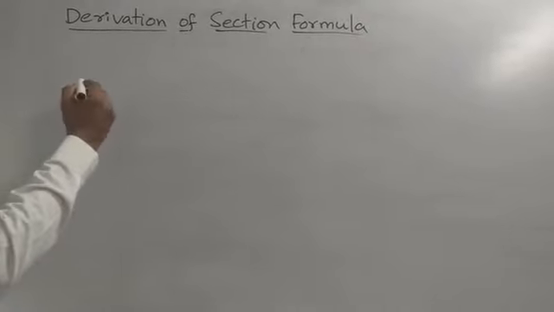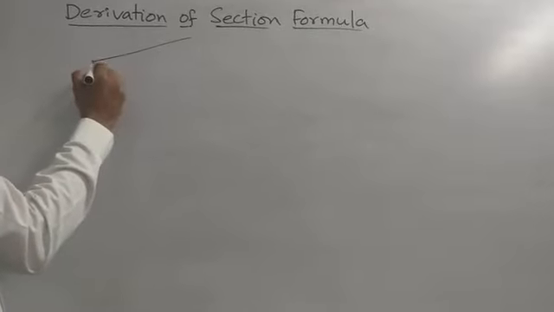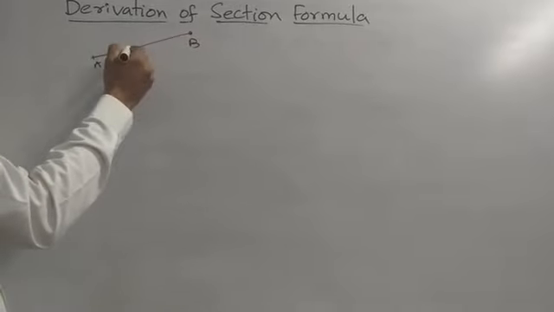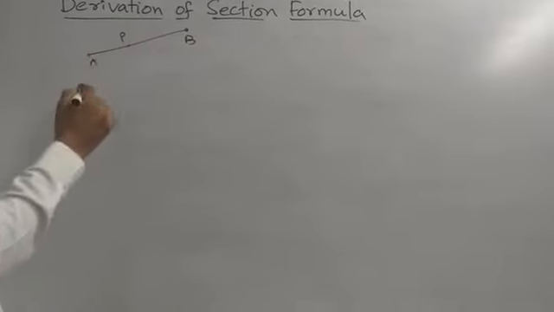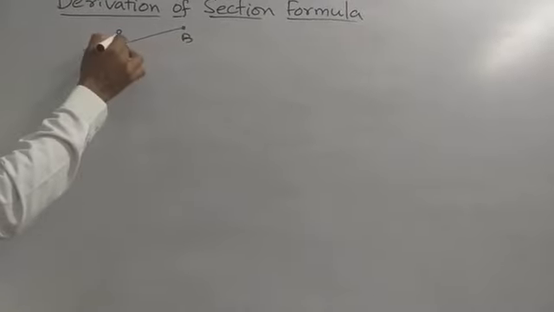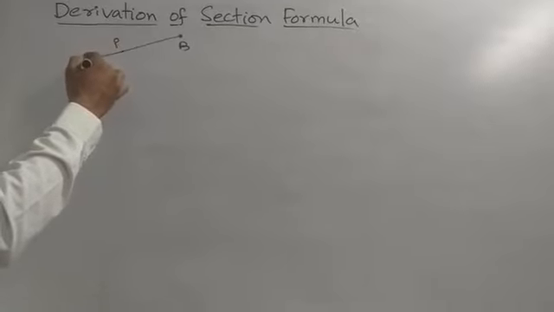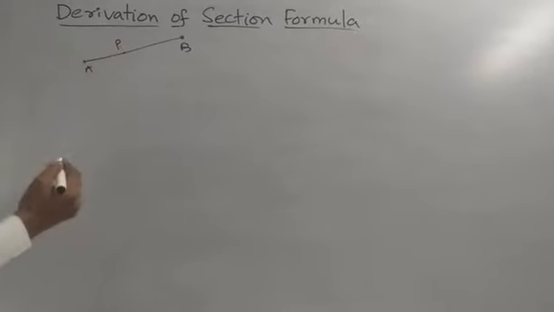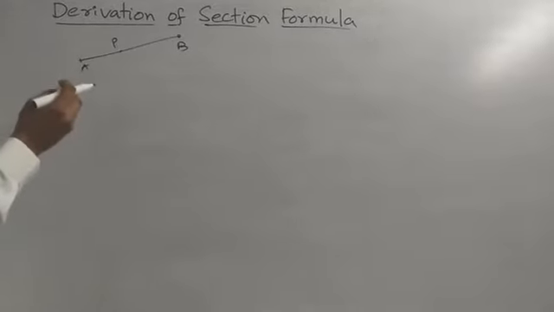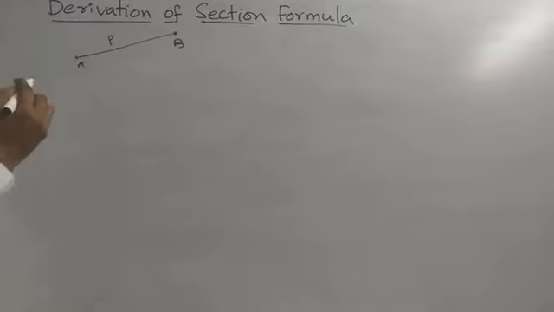In the same manner, if a line segment AB is divided into 2 parts by any point in the interior of this line segment, then we say P is called the point of division of this line segment AB. In this session, we will discuss how to derive the formula for P.